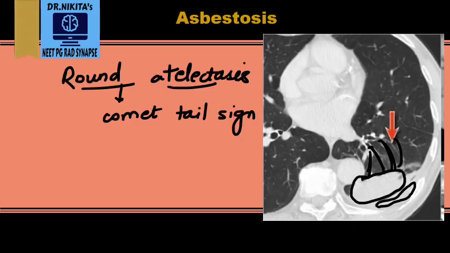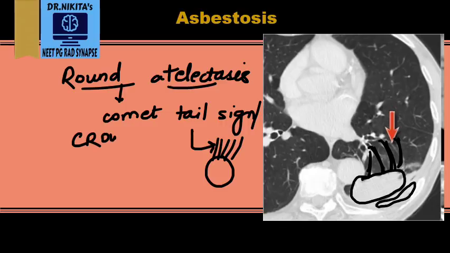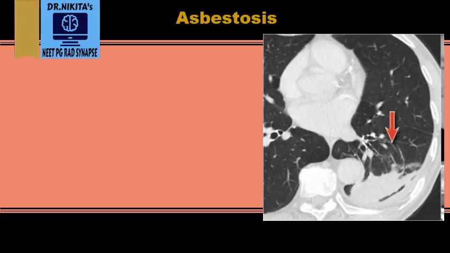So you will see the crowding of the vessels here. So the round atelectasis with the crowding of the vessels is what gives the comet tail sign, which is also called the crow feet sign. So this has been asked previously, round atelectasis, comet tail sign, asbestosis. Round atelectasis can also be seen in tuberculosis.